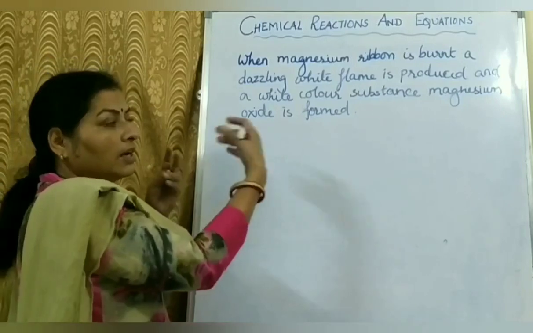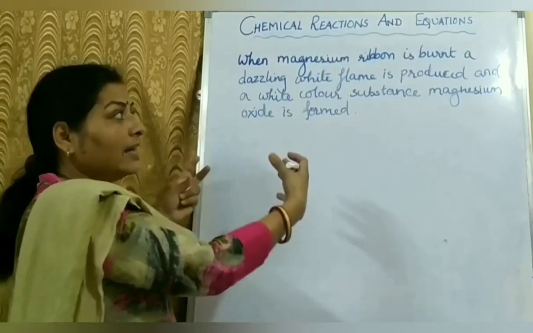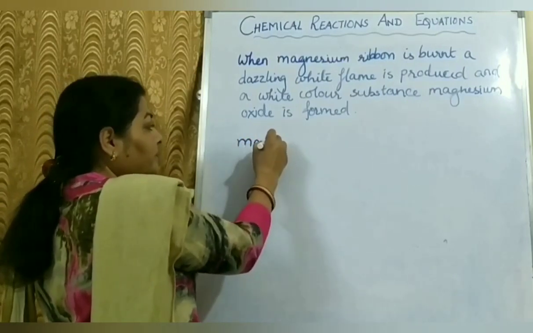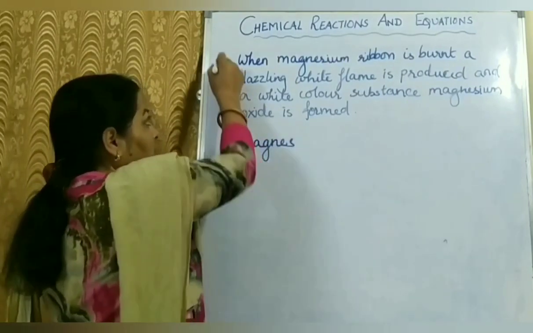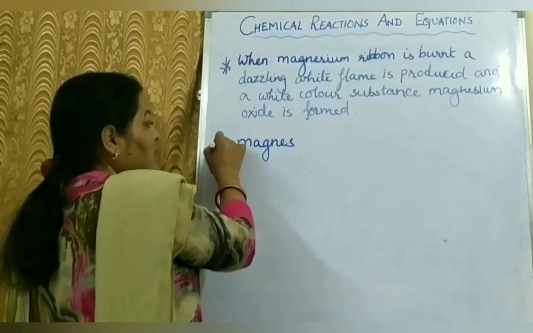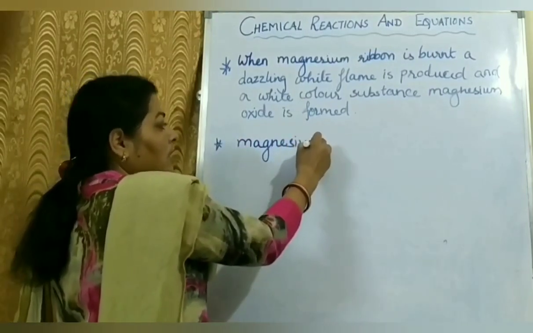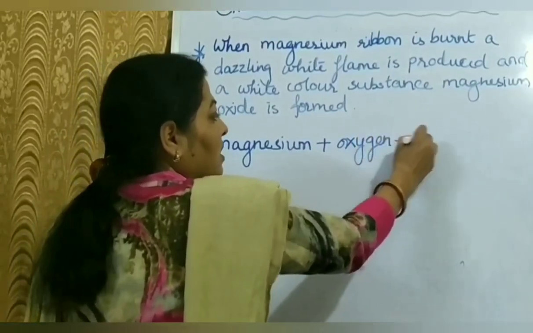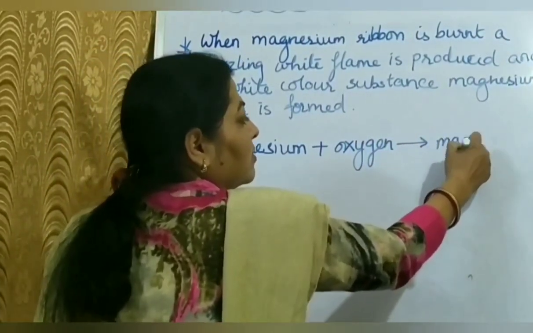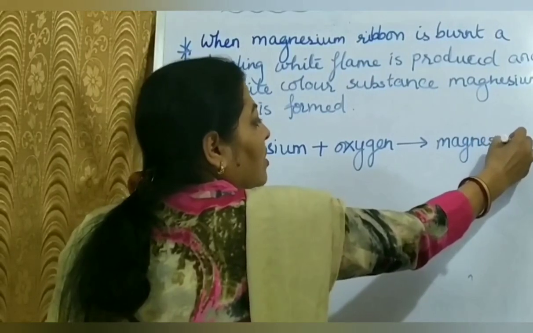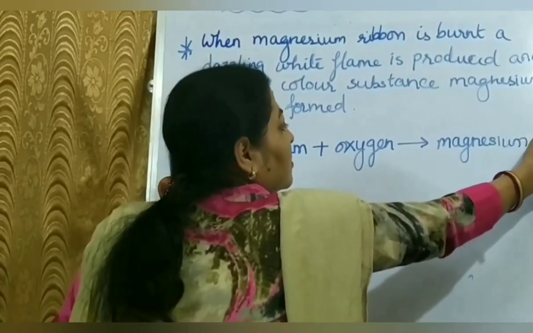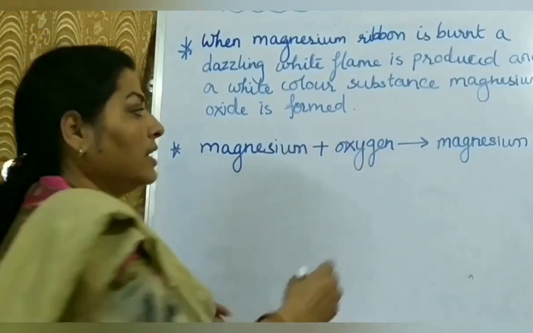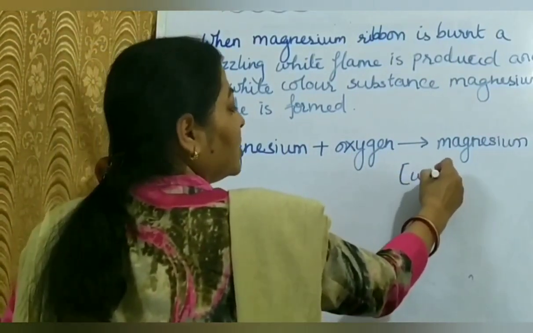So then it was like writing the expression in terms of words. For example, we can write this reaction as magnesium plus oxygen gives magnesium oxide. We can call this expression a word equation.